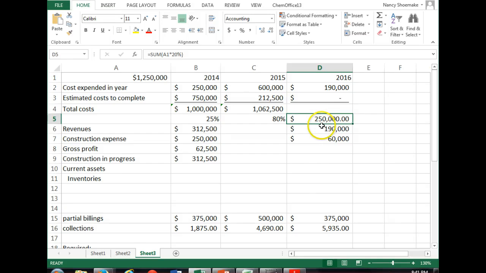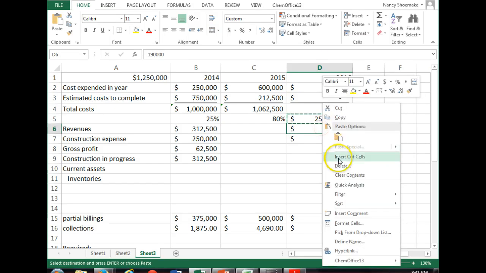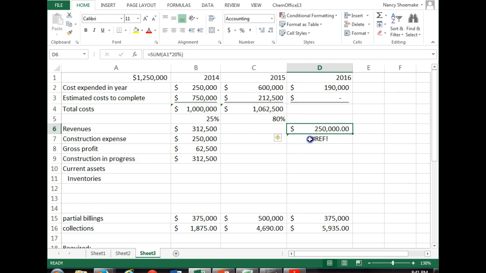Subtract from that the 190,000, the cost incurred for the period. So the gross profit is going to be the difference, the revenues minus the costs incurred, or we're going to have a gross profit of 60,000 left.